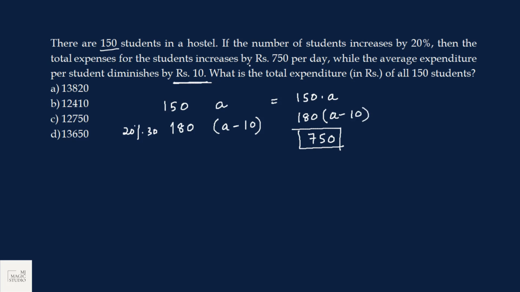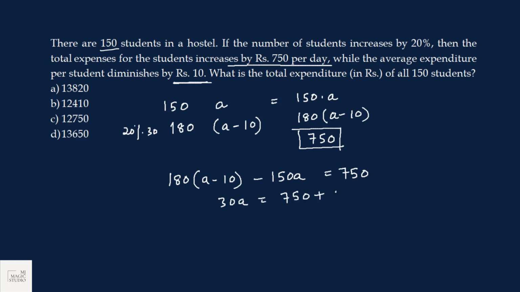And it is given that total expenses increases by 750 per day. That means 180 into A minus 10 minus 150A equals 750. 180 minus 150 is 30A equals 750 plus 1800, that will be 2550.